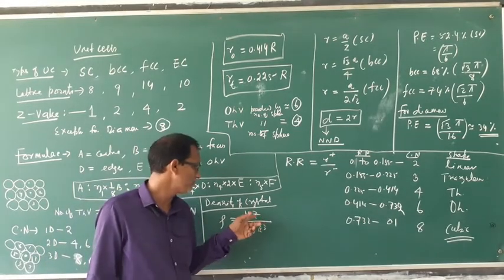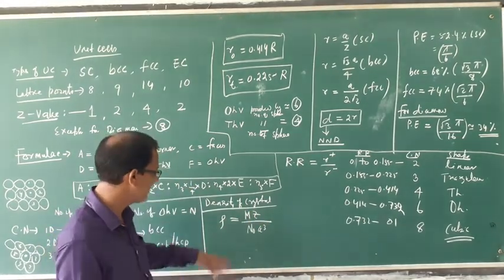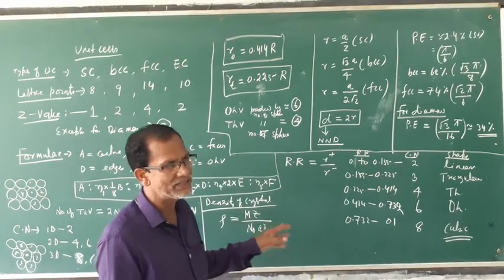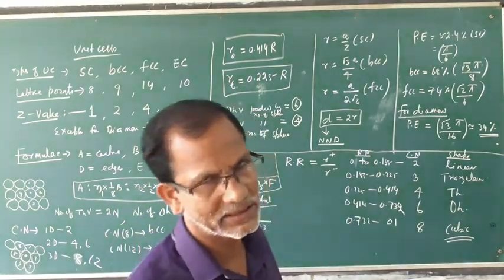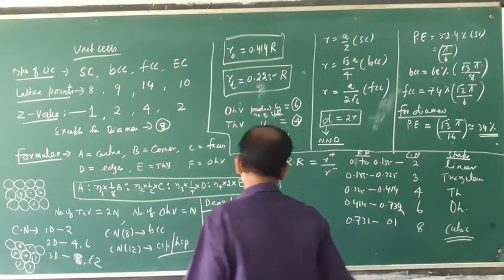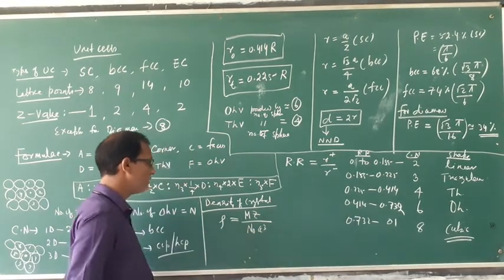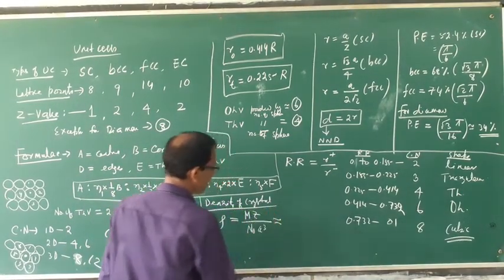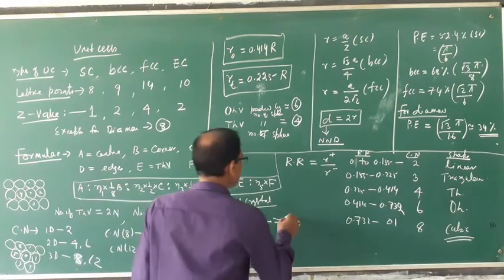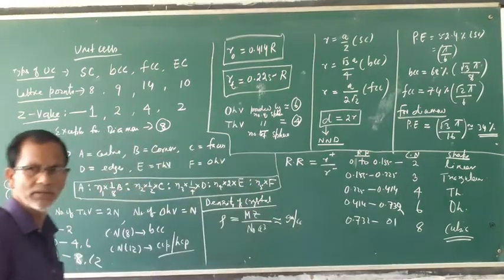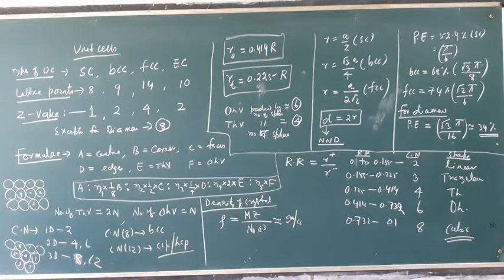Z is the number of atoms per unit cell. N0 is the Avogadro number. A is the edge length, that is the length of the side. The unit of this formula is always gram per cc, gram per centimeter cube. That is your rho value.